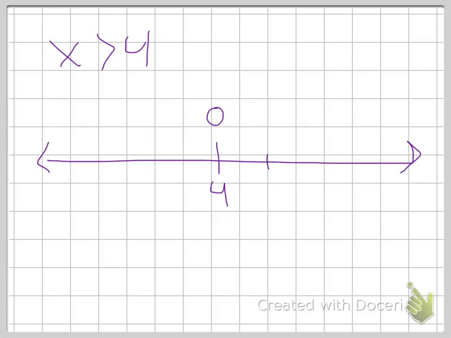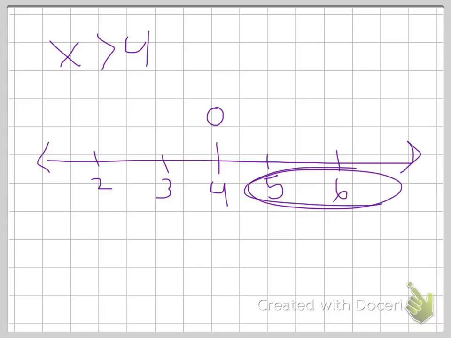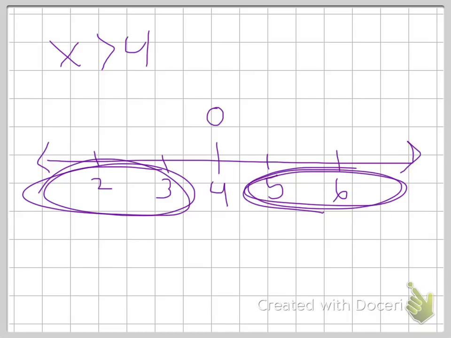So if we are looking at our example that we have already, what testing a point looks like is picking a point that's somewhere on the right side and picking a point that's somewhere on the left side of our number. And we just want to test and see if it makes our inequality statement true. So we're starting with x is greater than 4.